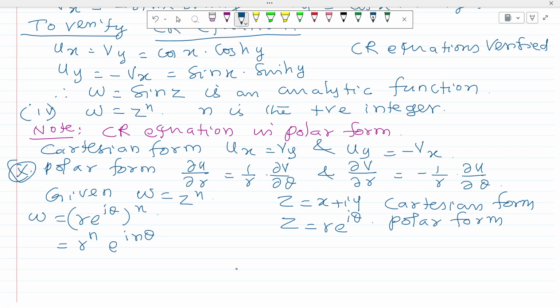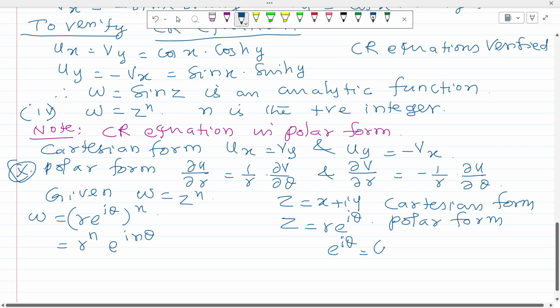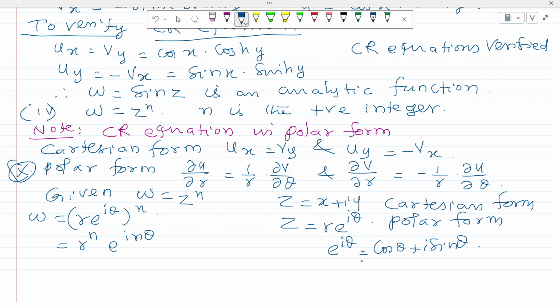You know De Moivre's formula, the e power i theta formula. e power i theta equal to cos theta plus i sin theta. Many times I repeated the same thing. You have studied this at plus 2 level.